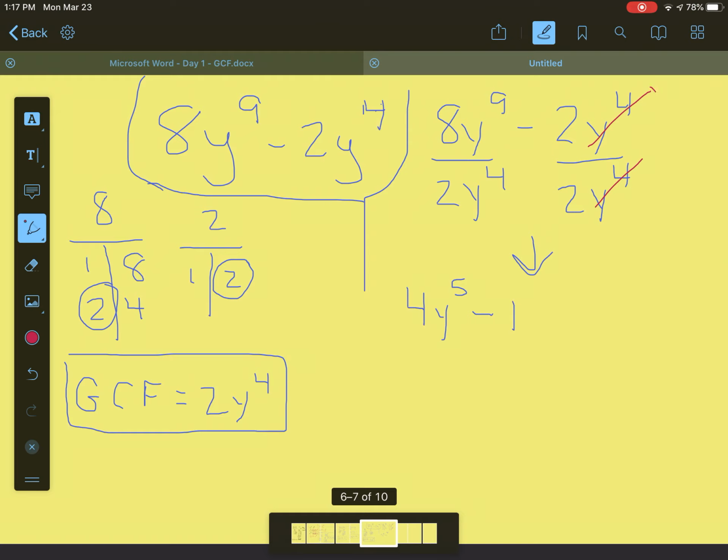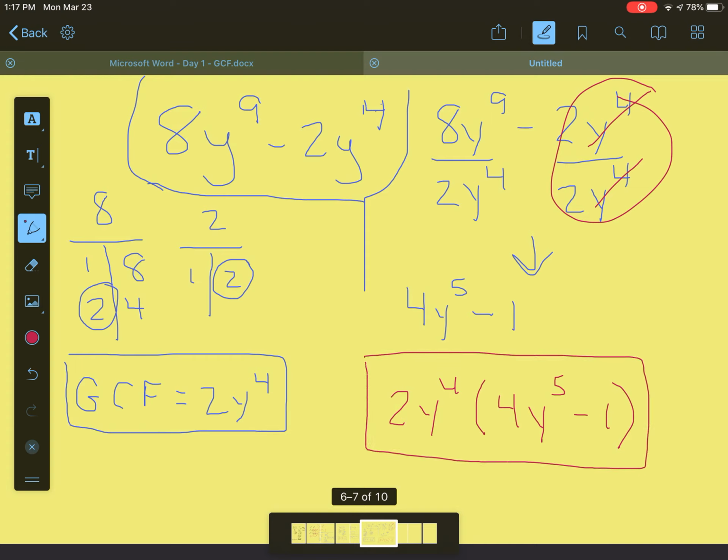So this whole section here just simplifies to 1, okay? So now, the final answer is just going to be 2y to the 4th times 4y to the 5th minus 1. So what you got when you divided, and then the GCF goes on the outside. Boom, that's your answer. Okay?